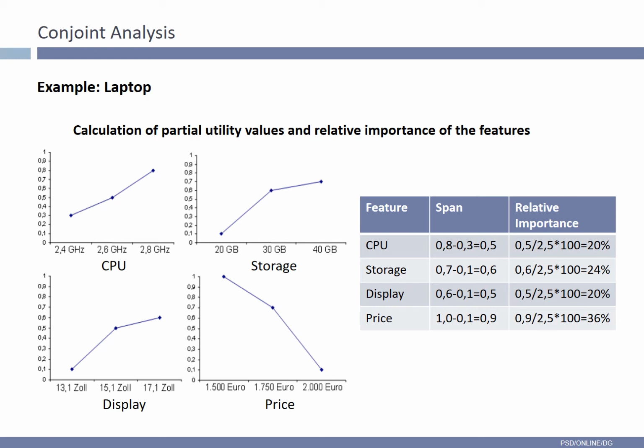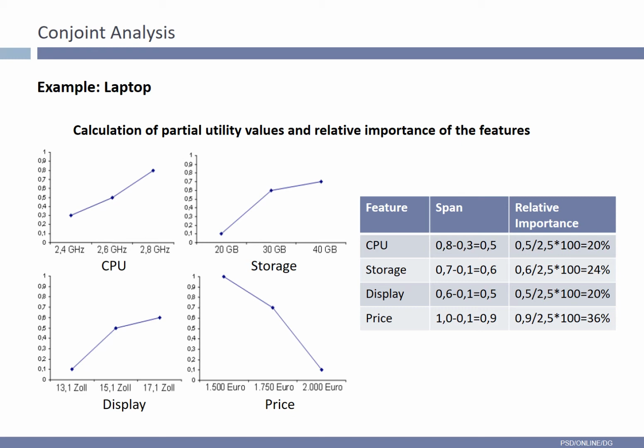And the additional value created when moving from 2.6 gigahertz to 2.8 gigahertz is even more. You can see the difference in utility moving from 0.5 to 0.8 is much, much higher. So obviously the 2.8 gigahertz attribute is the one that creates the most benefit for the customer.